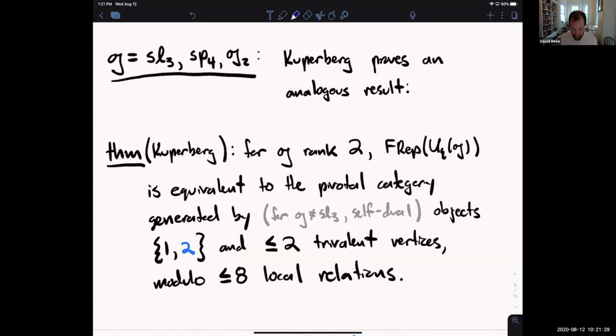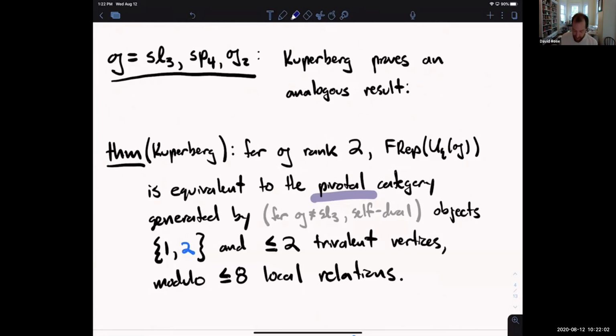proves an analogous result. So here's maybe some quick way to summarize 3 of Kuperberg's theorems into just one. The statement is, take your rank 2 complex Lie algebra. Then this category of fundamental representations is equivalent to, again, the category is pivotal, which means you'll see some caps and cups implicit in this description, and wiggling around in the plane, this planar isotopy, also implicit.